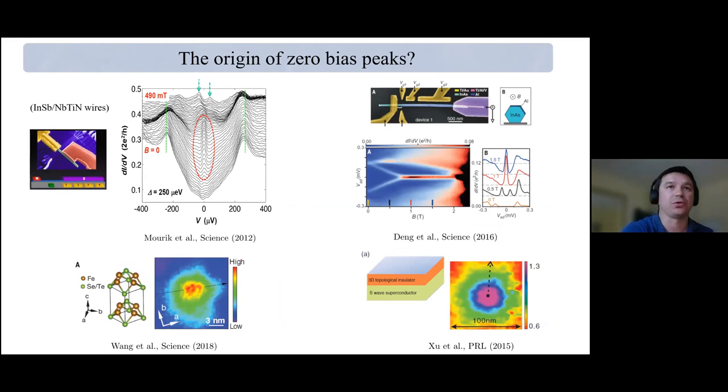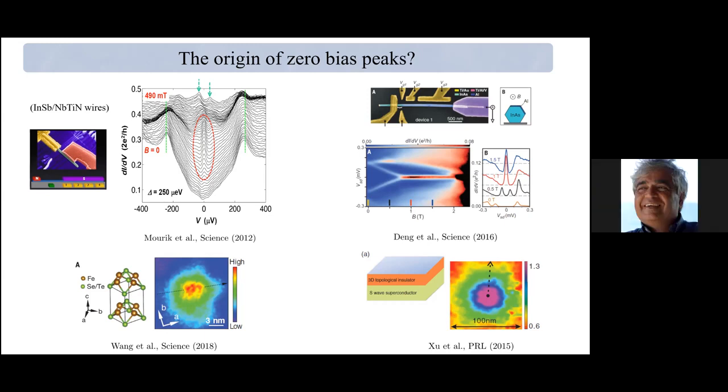Our knowledge evolved, and we now understand that in realistic situations with disorder and all sorts of potential deformations that are present in devices, it's very easy to confuse true protected Majorana with some kind of accidental state.